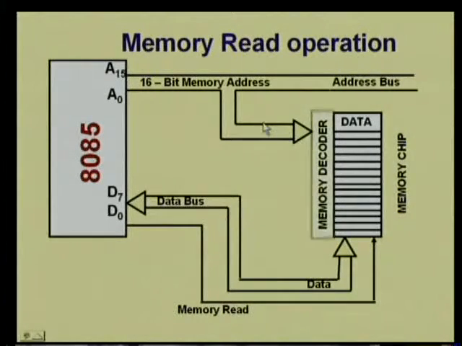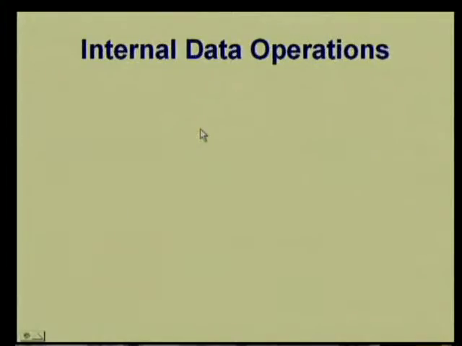After that, the memory decoder will decode this address and locate the memory location with which it has to communicate. Simultaneously, the processor sends a memory read signal over this control line. After receiving this control signal, the particular memory location which has been previously activated will place the data and the actual data transfer takes place. This is how a memory read operation takes place within a processor.